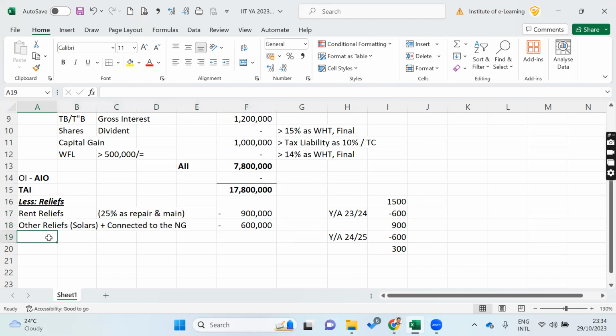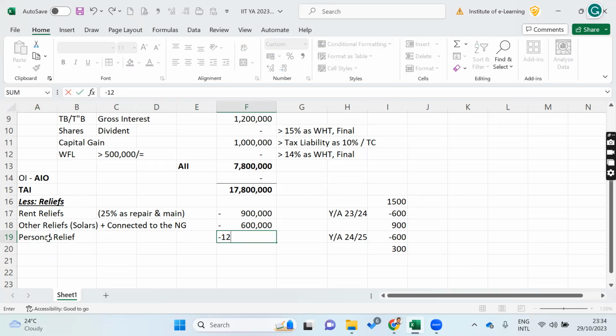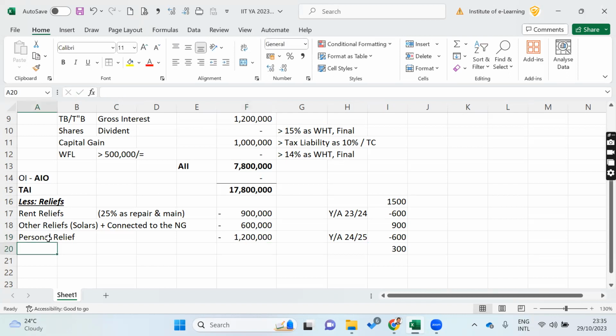Then all resident individuals will get personal relief. Personal relief, as per the new law, is 1.2 million. 1.2 million means 100,000 per month.